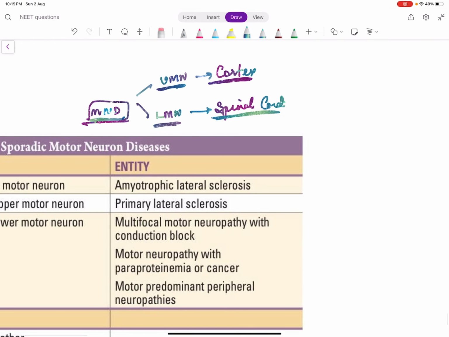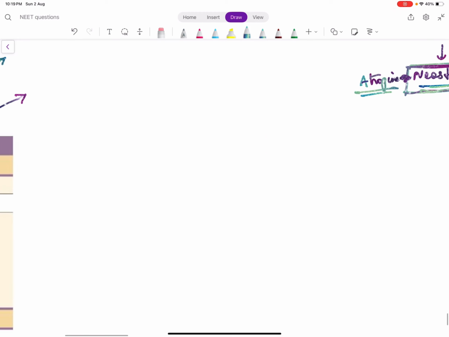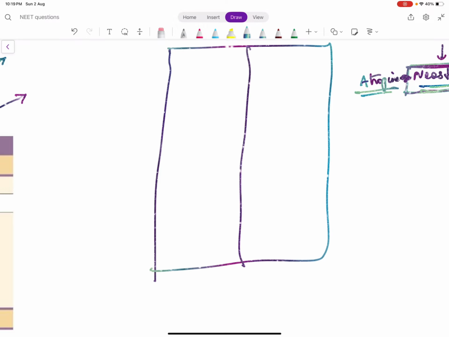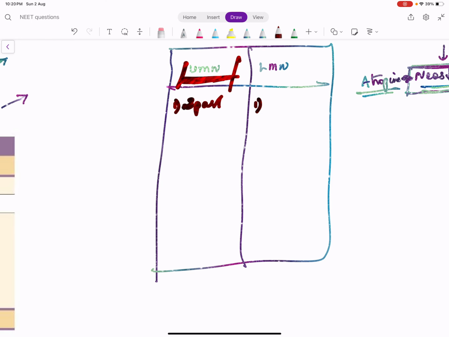So motor neuron diseases can be pure upper motor neuron diseases. It could be pure lower motor neuron diseases. Now, in our UG days, we frequently discuss the difference between upper motor neuron and lower motor neuron. In upper motor neuron lesions, the lower motor fibers will overact, so there will be spasticity. In lower motor neuron lesions, there will be flaccidity. What happens to the muscle bulk in upper motor neuron?